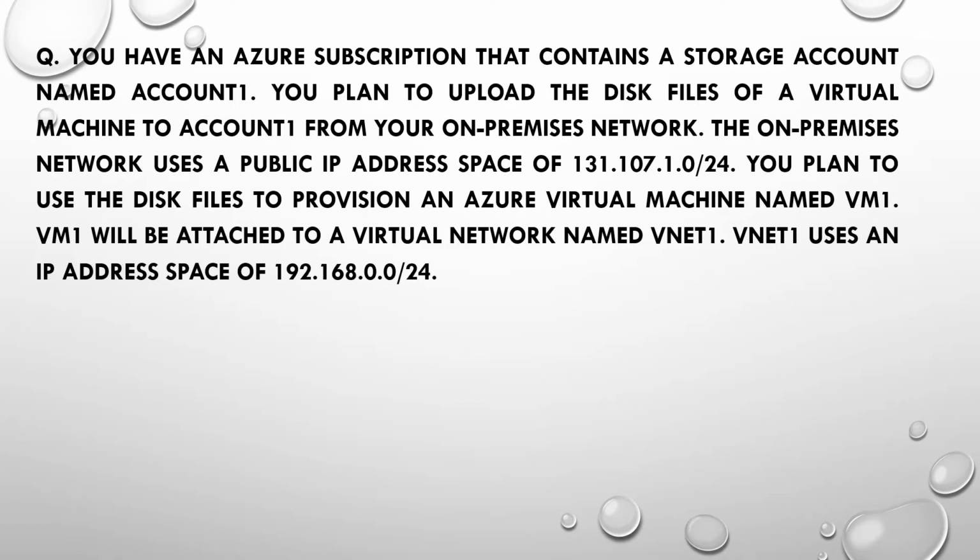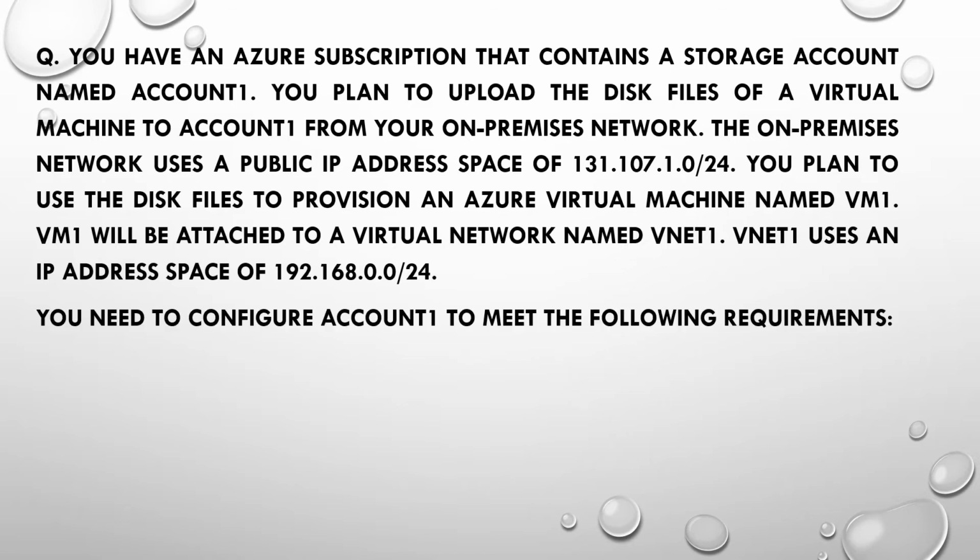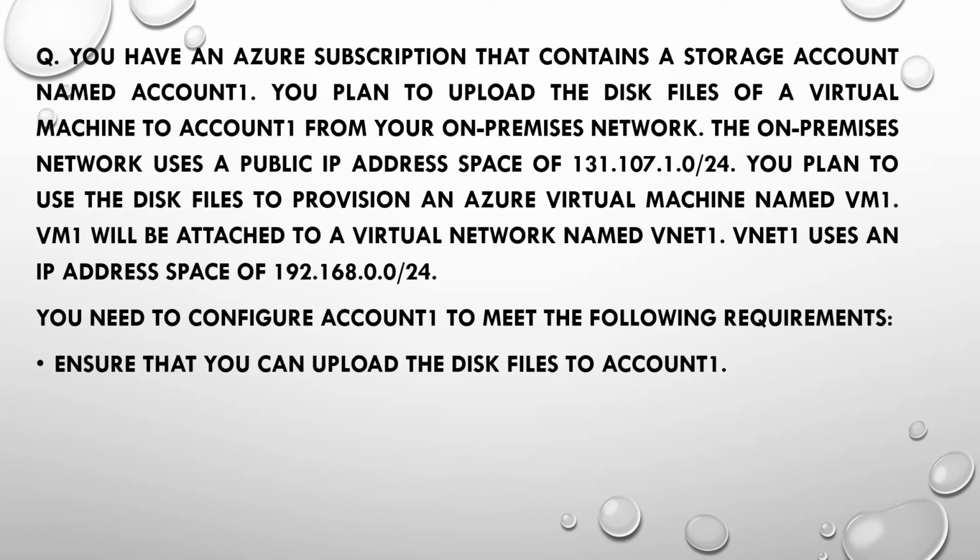VM1 will be attached to a virtual network named VNet1. VNet1 uses an IP address space of 192.168.0.0/24. You need to configure Account 1 to meet the following requirements.